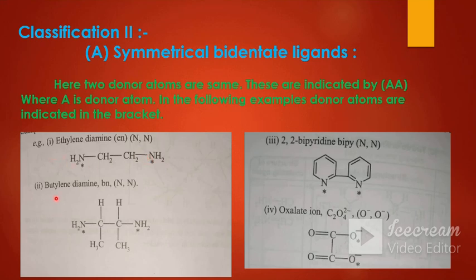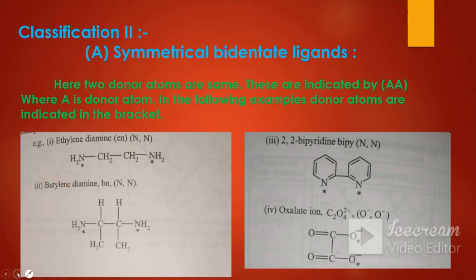Second example, butylene diamine, bn, NN, like this, with NH2 and CH3. Third example, 2,2-bipyridine, bipy, NN, and the fourth example is oxalate ion, C2O4 2 minus, that is O minus, O minus, and the structure is like this.